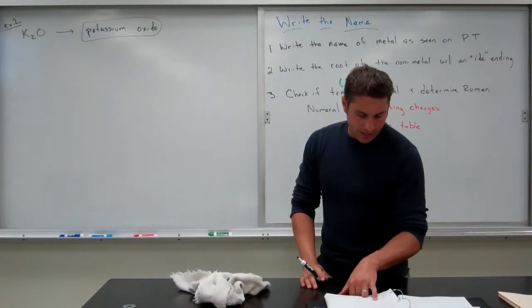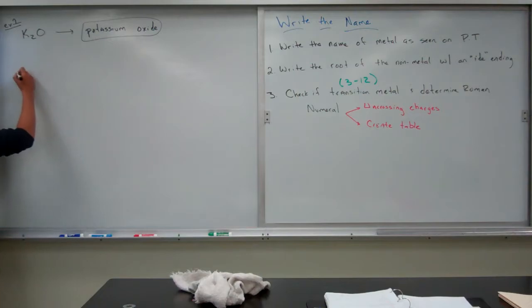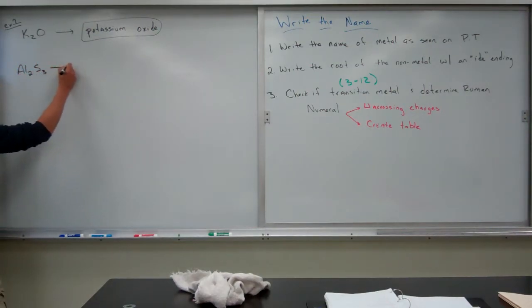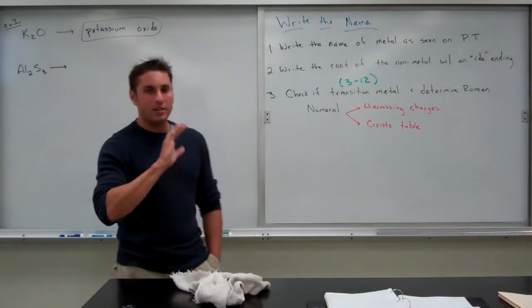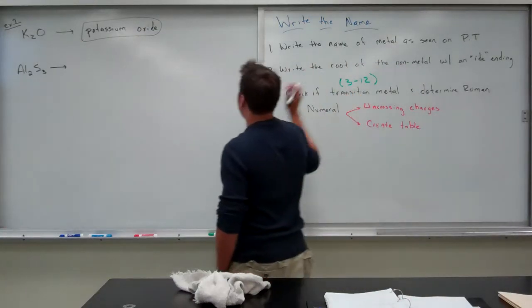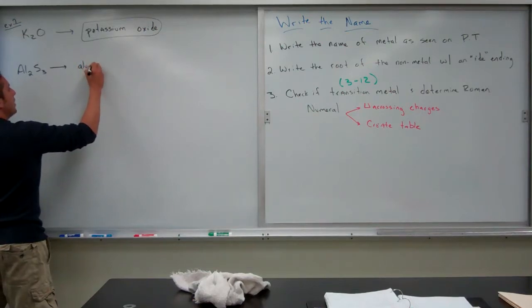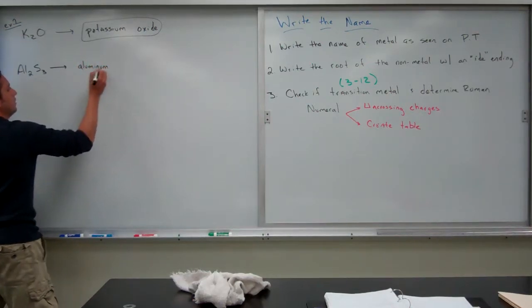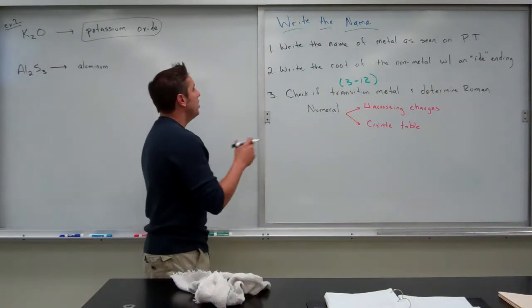What if we try something like Al2S3? Al2S3, no surprise, one to the left, one to the right, which makes it ionic. So I name the metal as seen on the table. Al is aluminum. I write the root of the nonmetal with an IDE ending.